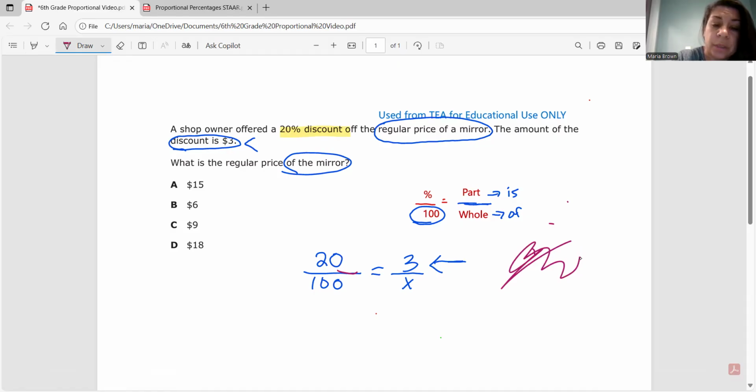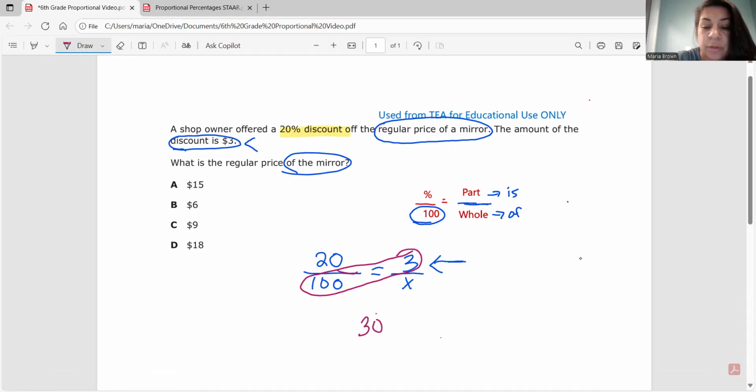User error. So here we go. We're going to do 3 times 100. What is 3 times 100? We can do 1 times 3, and then we have 2 zeros. I am so sorry, that pen is not doing well today.